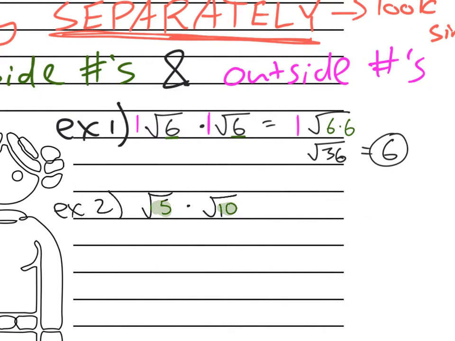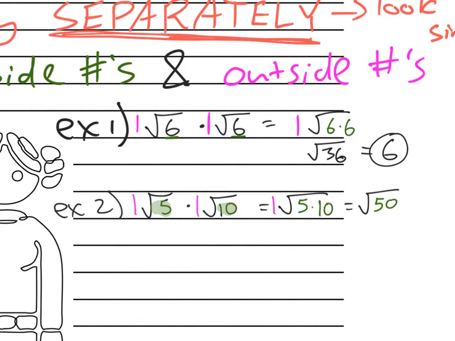So we multiply that under one single radical. So 5 times 10. And what's that equal? 50. So inside we have 50. On the outside, those invisible ones are still just 1. We don't really need them there though.